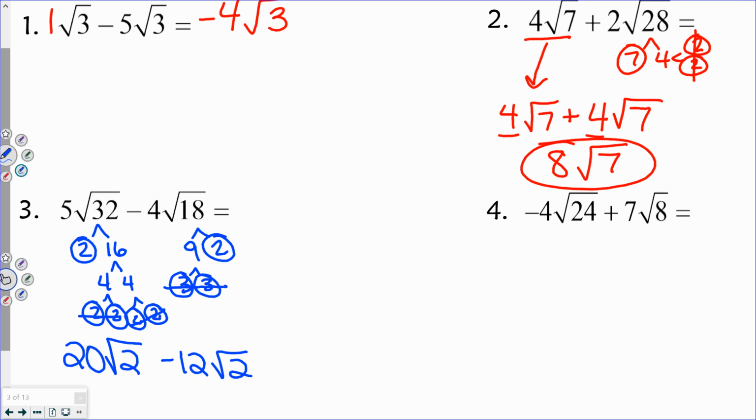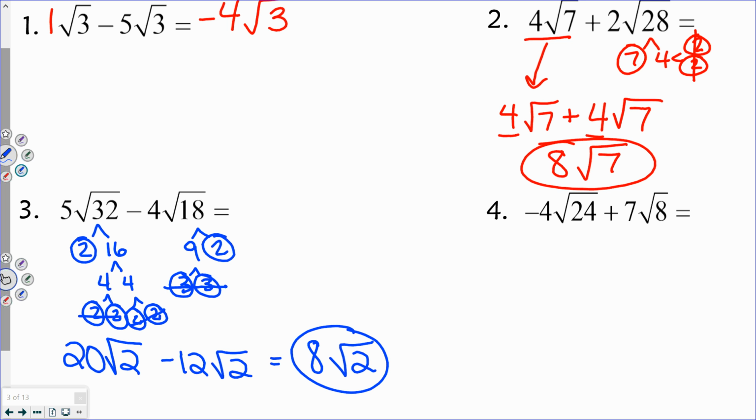Now, am I guaranteed every time I do this that they will match and I can put them together? No, not always. But this time they do. They're both radical 2's. So my answer is going to have a matching radical 2 on it, and 20 minus 12 is 8. Good. Not too bad. Leave them simplified, nothing else then.